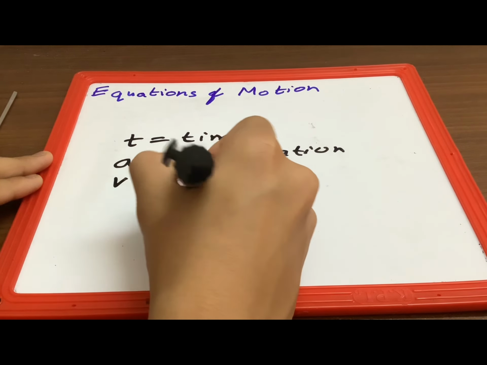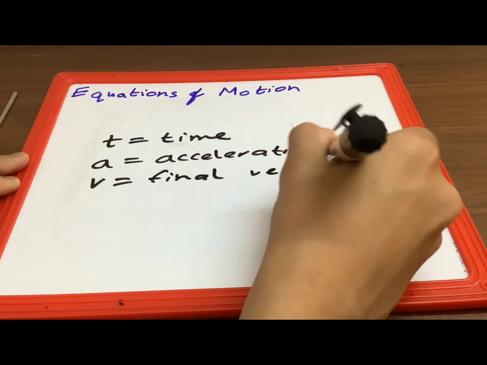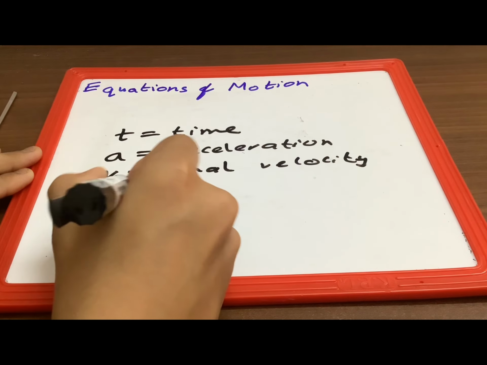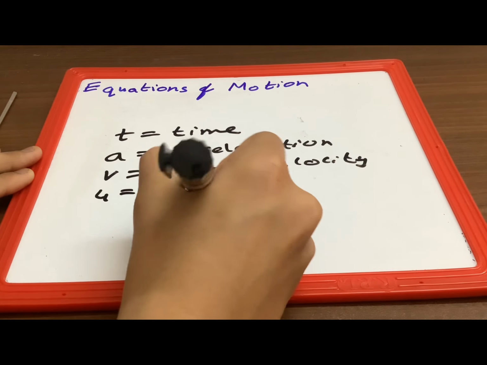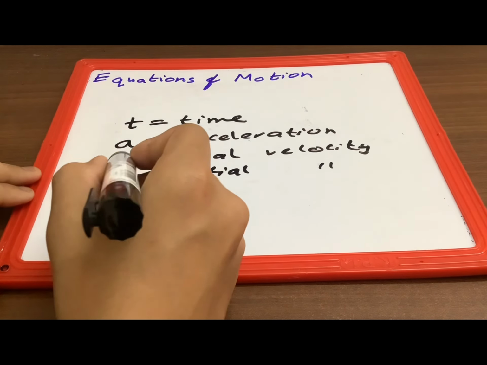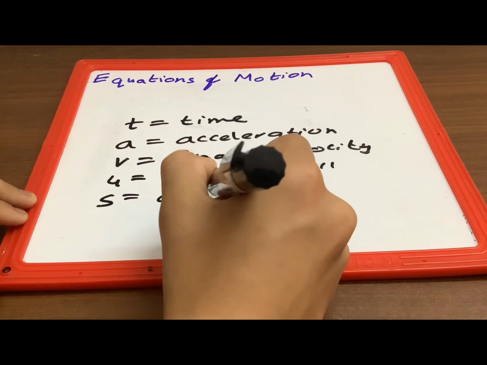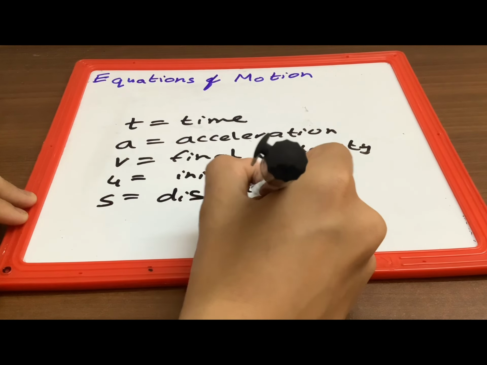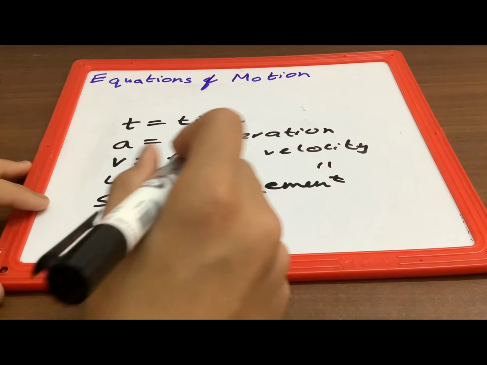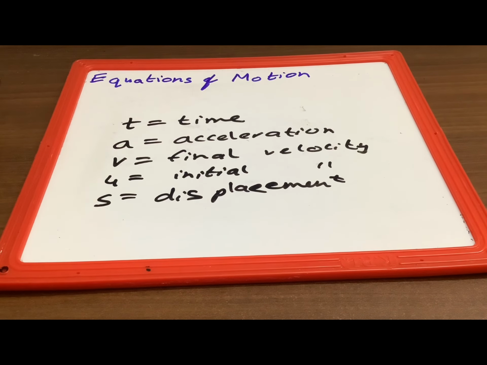Keep in mind, final velocity, and U will refer to initial velocity. Also, S will refer to displacement. You can remember these via the acronym TAVS.